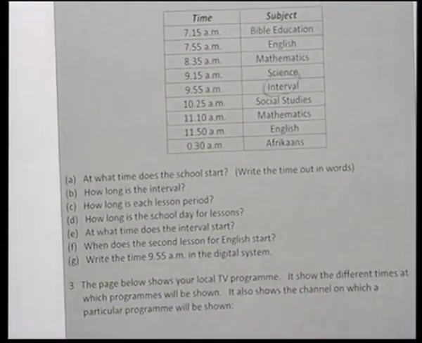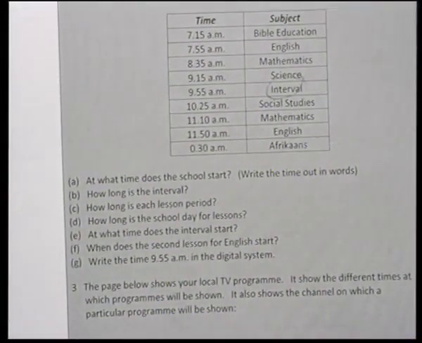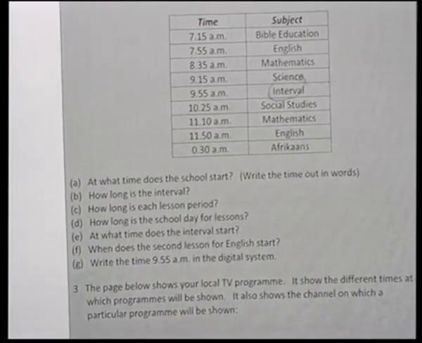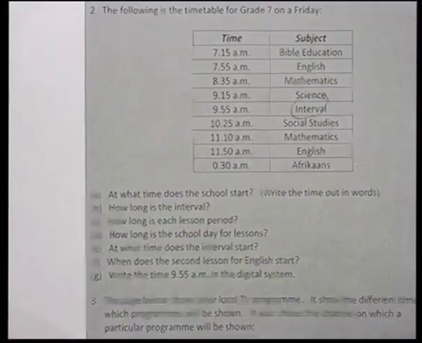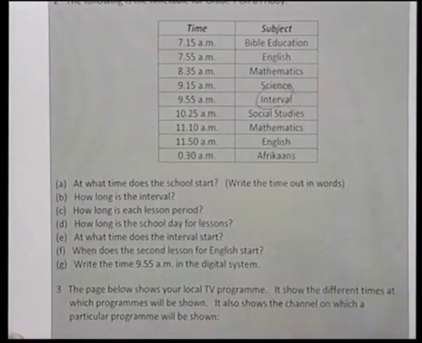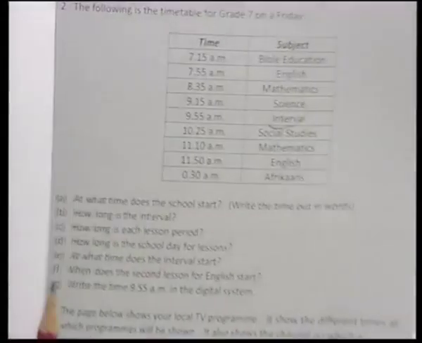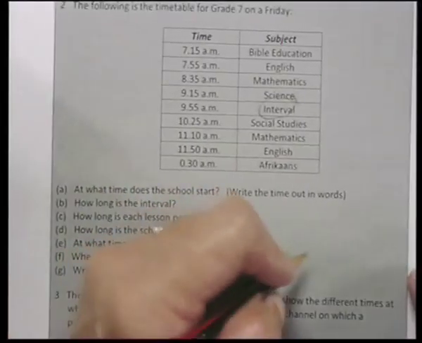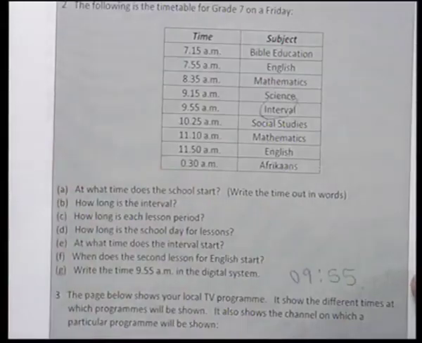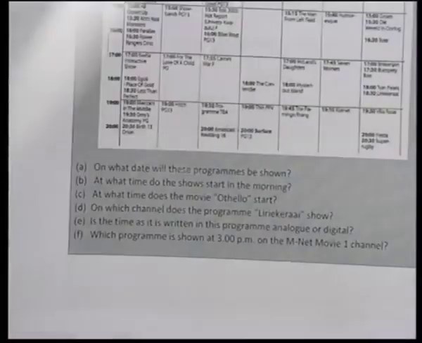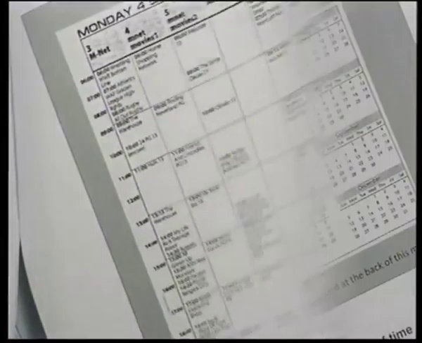Write the time 9:55 a.m. in the digital system. Okay, so you must write it in digits. How will it be written? 09:55, not only 9:55. And there are some more calendars that they can study.